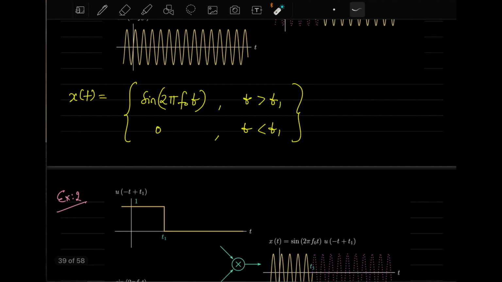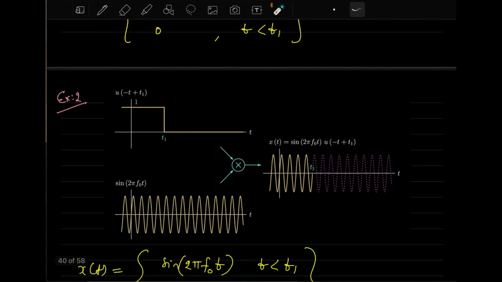And similarly, if you want to turn off a signal after a specific time t1, then you can operate with this signal, which is actually the flipped around signal plus t1. So there is a time reversal here followed by a time shifting.